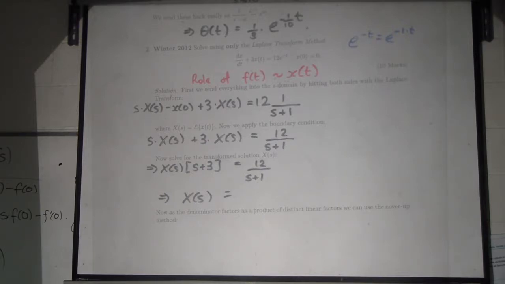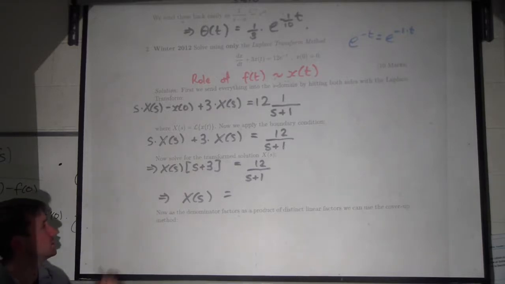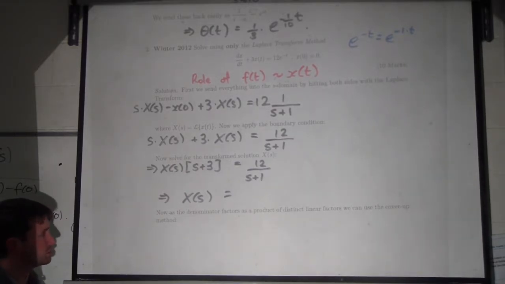Now, what do you want to get rid of? You want to get rid of s plus 3. How do you get rid of that s plus 3? Divide both sides.